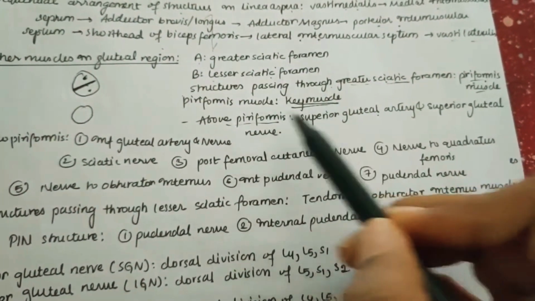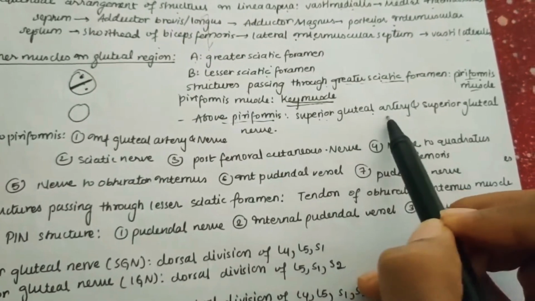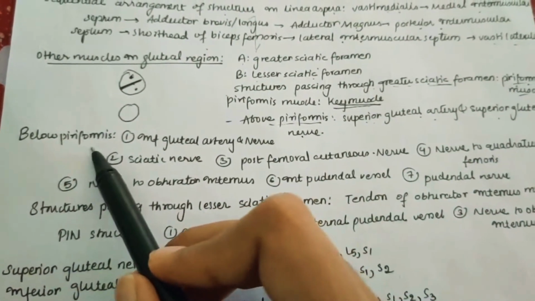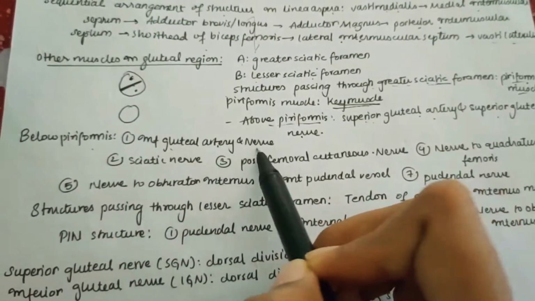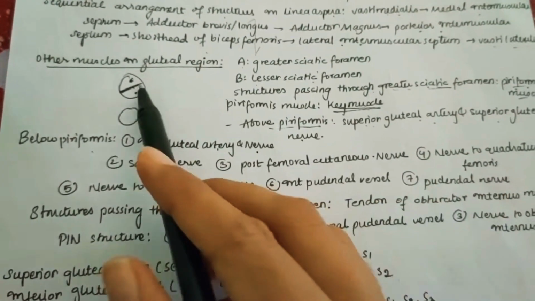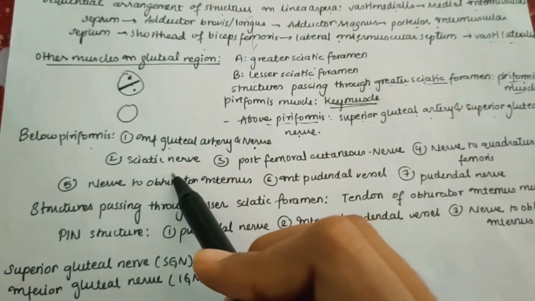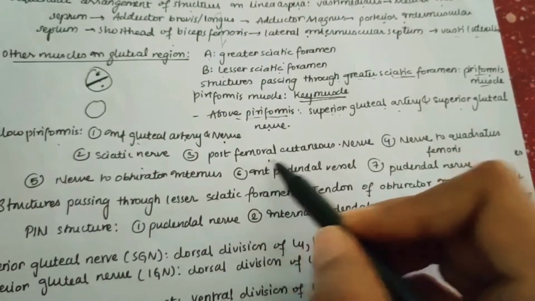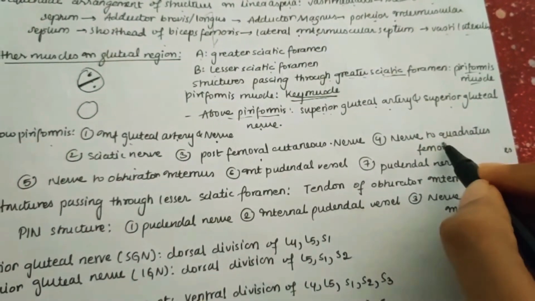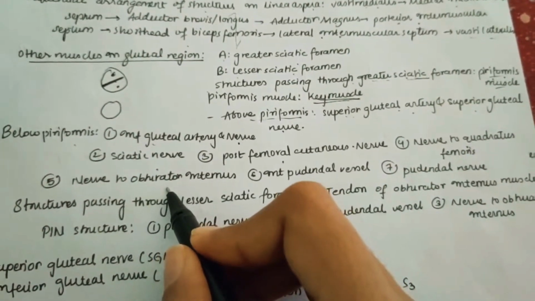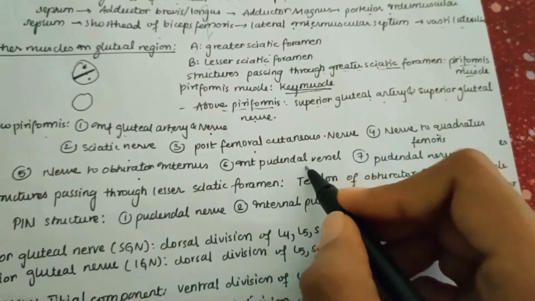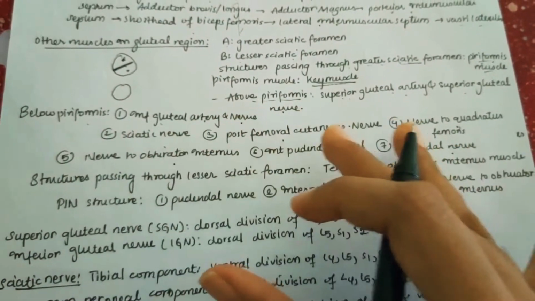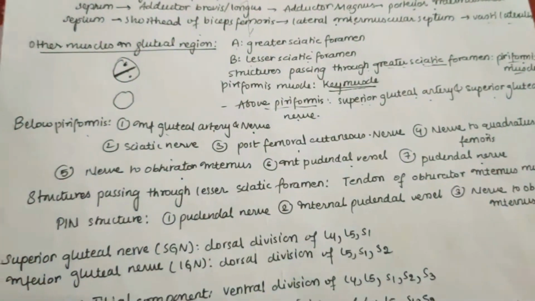Let us find out. Above piriformis there is the superior gluteal artery, as it is above, superior, and the superior gluteal nerve. Next, below piriformis: inferior gluteal artery and inferior gluteal nerve, and also below piriformis there is the sciatic nerve, the posterior femoral cutaneous nerve, the nerve to quadratus femoris, the nerve to obturator internus, the internal pudendal vessel, and the pudendal nerve.